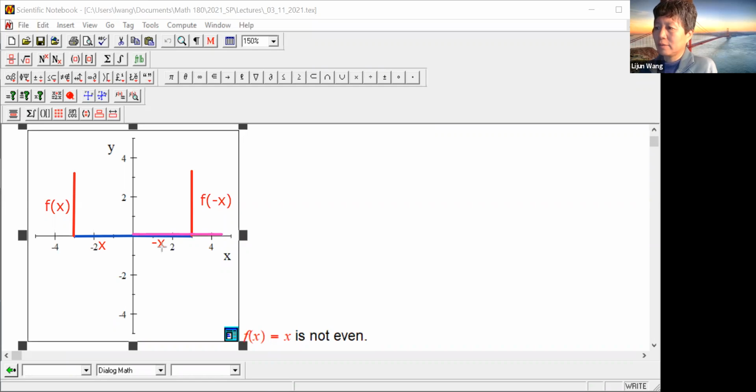This is X, and that's negative X. Okay, and the output, this output, and that's the output. And they must be the same.